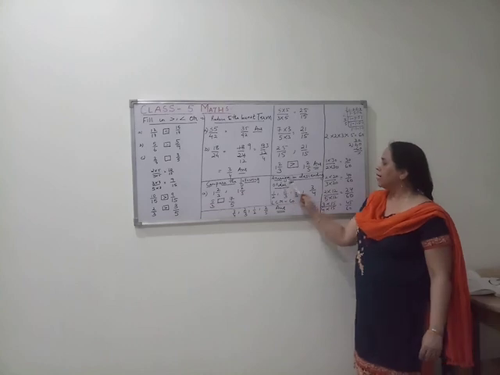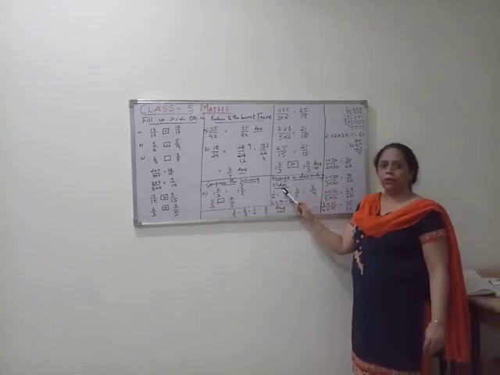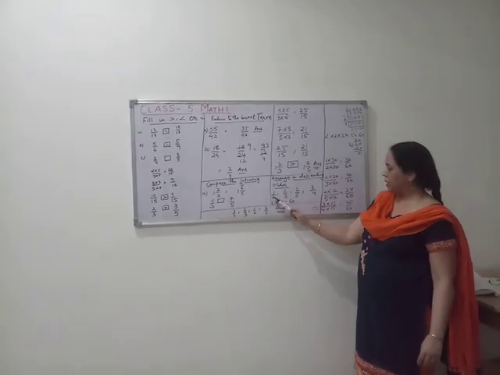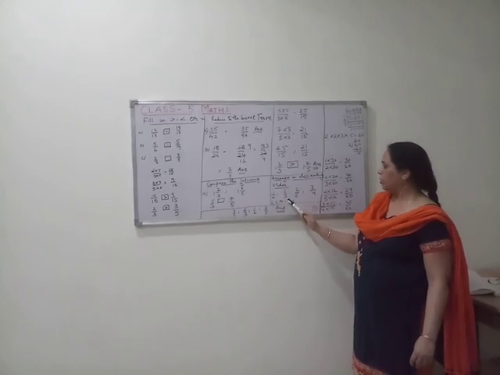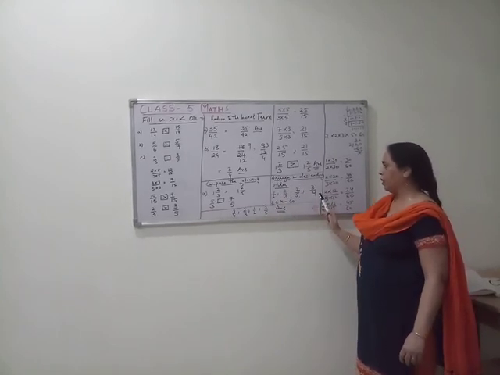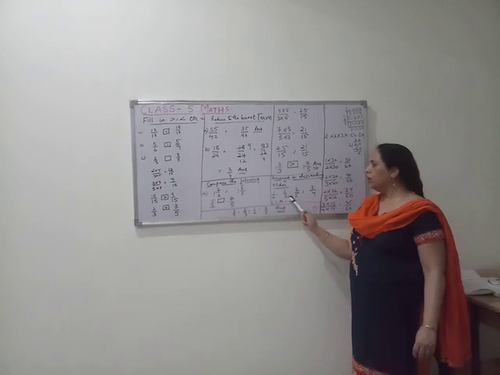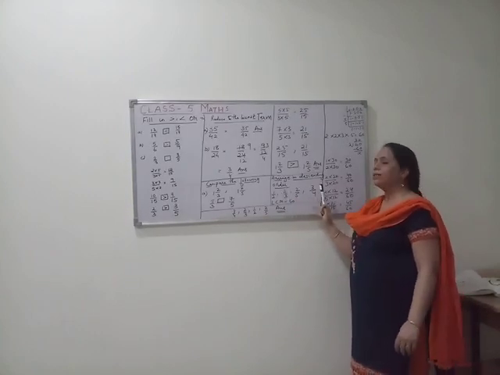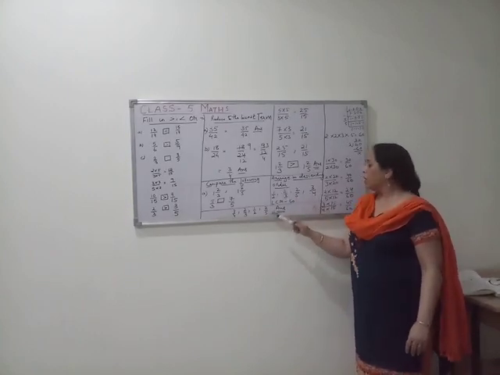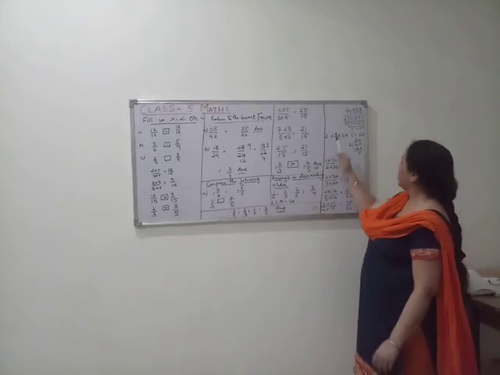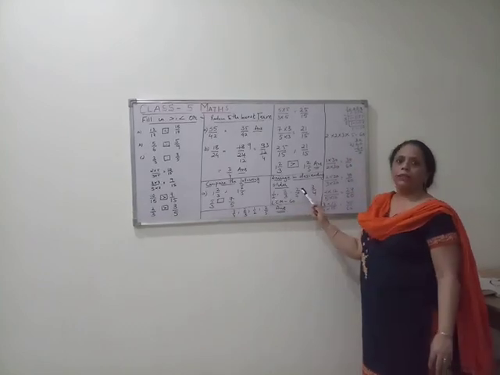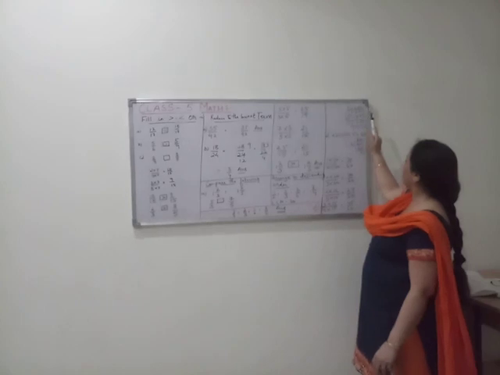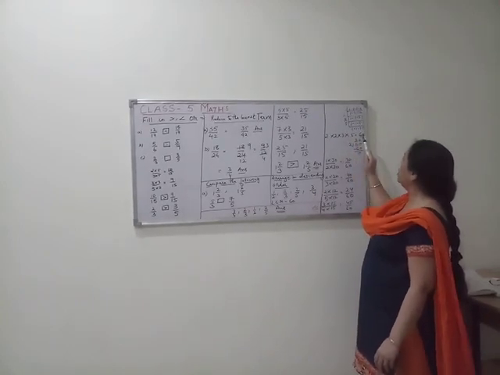Now comes arranging in descending order, and this is 1 upon 2, 2 upon 3, 2 upon 5 and 3 upon 4. Now you see all the denominators and all the numerators are different from each other. In such a case, we have to take out the LCM of all the denominators. We have taken out the LCM and got 60.